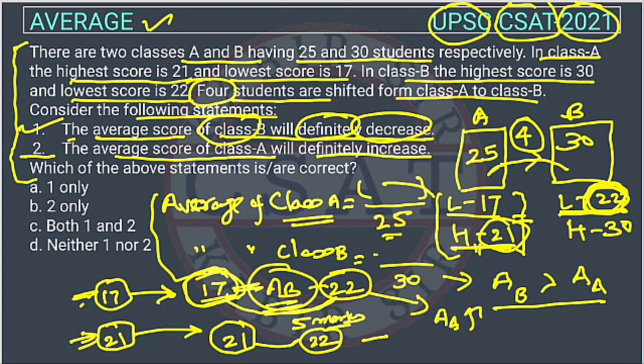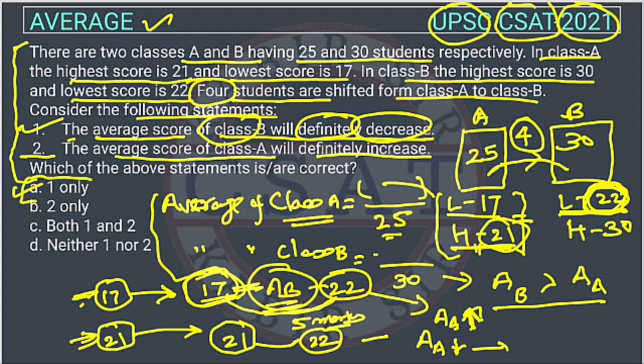But if we are shifting the highest marks students into class B, then the average of class A will decrease, because now we don't have the highest marks students, so the average will reduce, right? So here it is reducing and here it is increasing. So here we cannot conclude definitely what will happen to the class A average, but we can definitely conclude about the class B average, right?